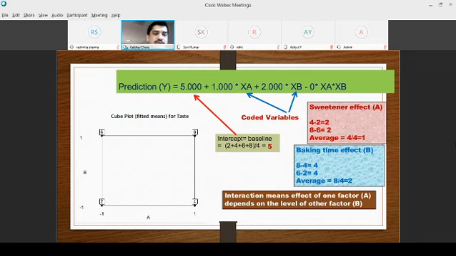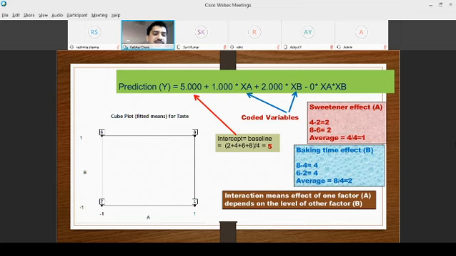So how to go for the cube plot? First we need to prepare one square box. On the x-axis we write the A factor, and on the y-axis we write the B factor, or you can write it as baking time. The A factor corresponds to the type of sweetener added.